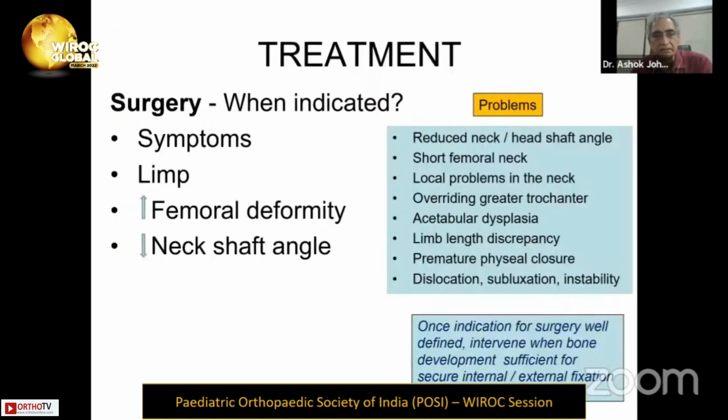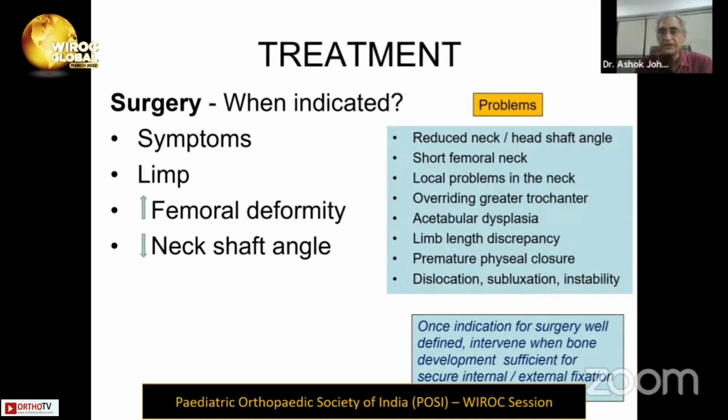So to summarize, when is surgery indicated in a situation of septic sequelae? Where there are symptoms, where there is a limp, where there is an increasing femoral deformity, for example the coxa vara, or a femoral deformity which is present and increasing, neck shaft angle is diminishing.